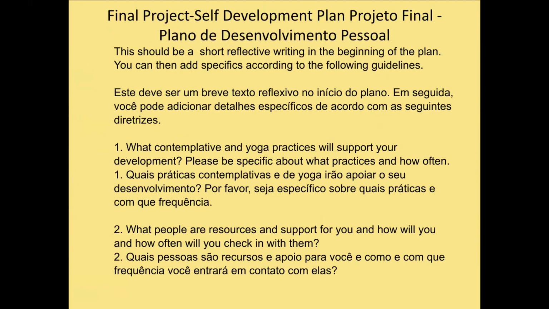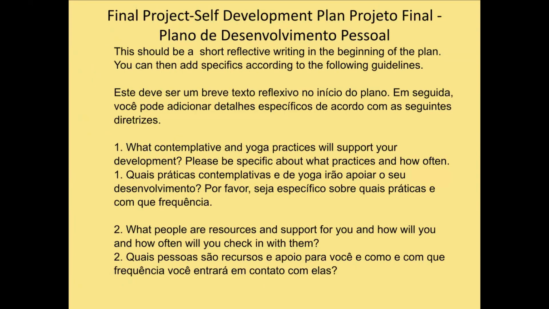So there should be a short reflective writing in the beginning of the plan. And you can add specifics according to the following guidelines. You will get a template in Google Classroom where you can use this.